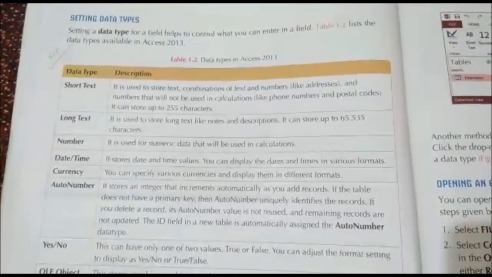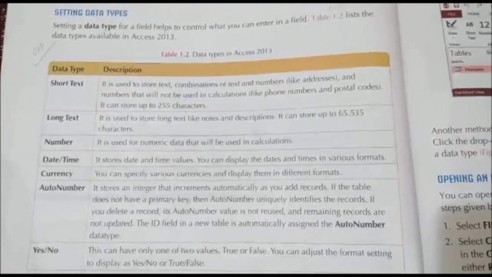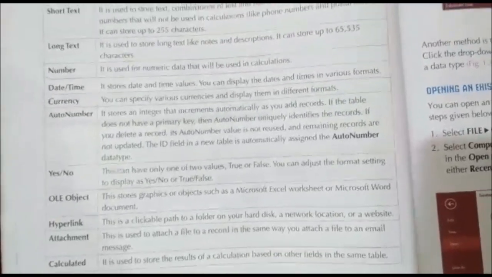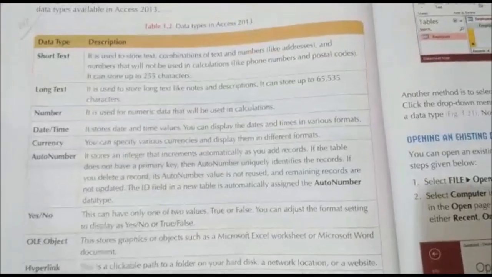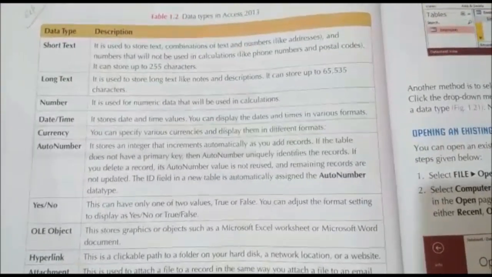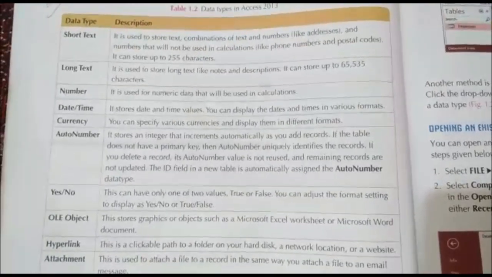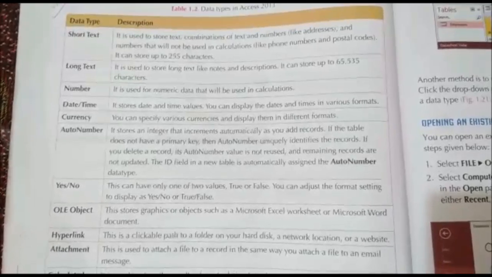On page number 10, there are some data types of a database. Number 1 is short text, long text, number, date, time, currency, auto number, yes/no, OLE object, hyperlink, attachment, and calculated. Short text can just have 255 characters. A long text is a description like a paragraph; number, any kind of number; date and time; currency; auto number.